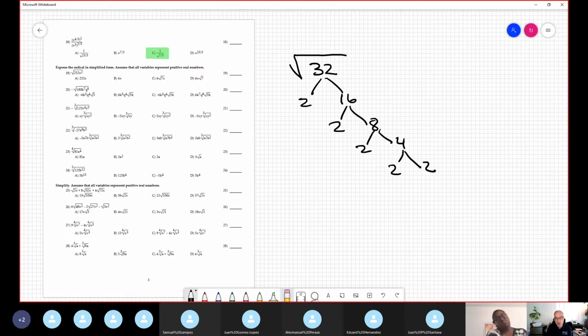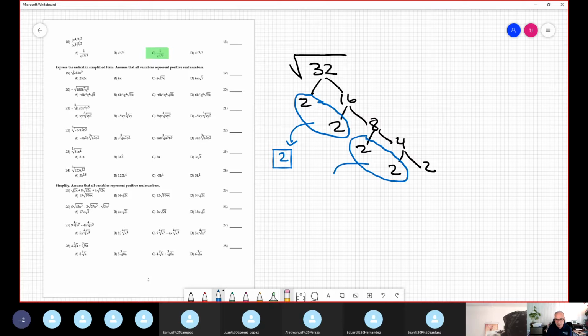But we are working with the square root. And in the square root, you select 2 by 2. You select this couple of 2s, which represents one 2 outside. This another couple of 2s represents another 2 outside the radical. And 2 times 2 together is 4.